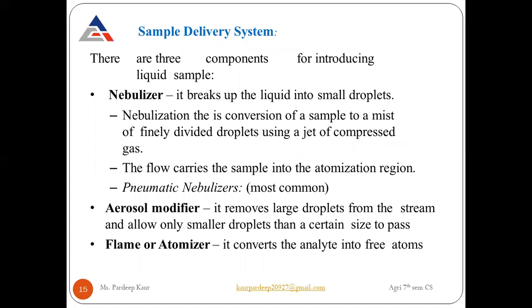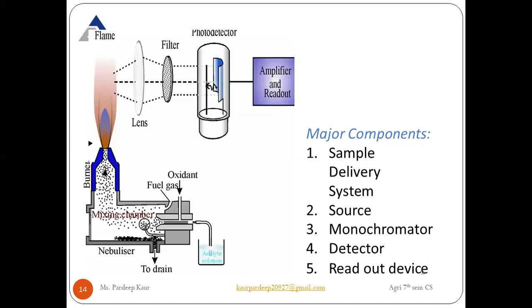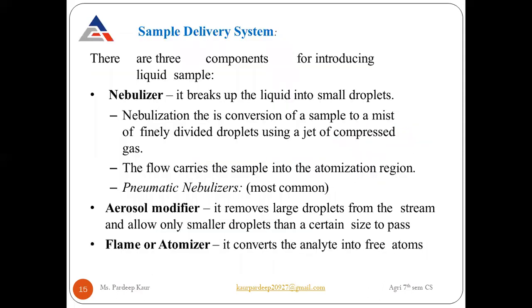First is sample delivery system. So what is sample delivery system? There are three components for introducing liquid sample. As we see in the diagram, there is a nebulizer present in the flame photometer. So what is the function of nebulizer? It breaks up the liquid into small droplets.